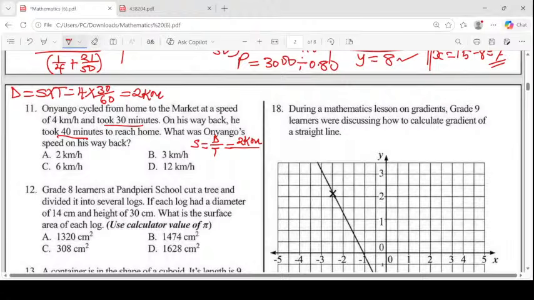So I'll have to divide this by 40 over 60. So this will become 2 times the reciprocal, 60 over 40. This and this goes here 1, here 2, 2 here 1, 2 here 3. So the answer becomes 3 kilometers per hour, which is choice C for cat.